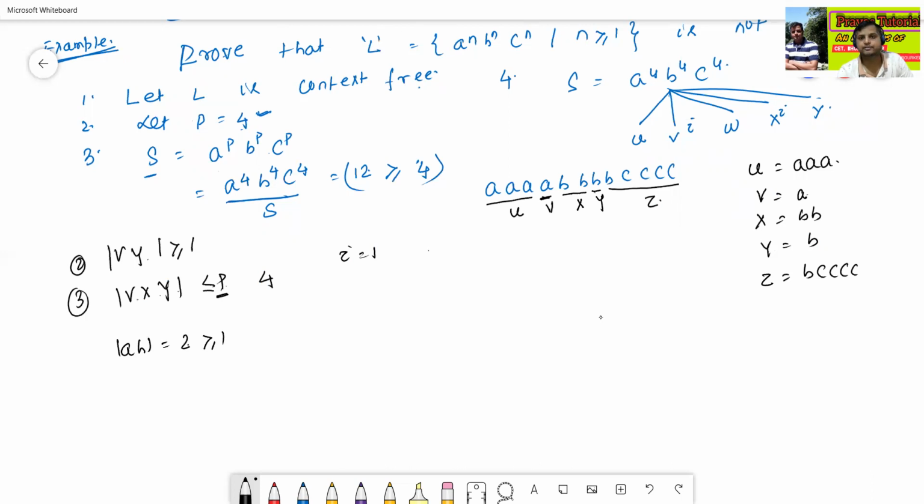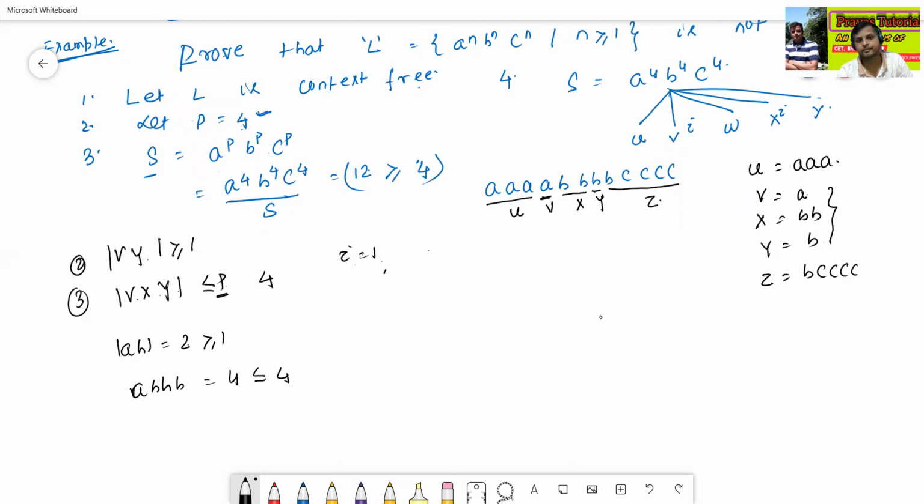The length of vxy, meaning ABBB, equals 4, which is less or equal to P, meaning 4.